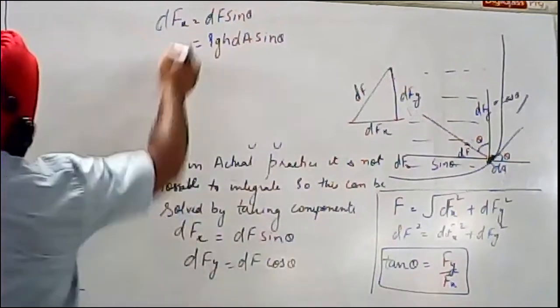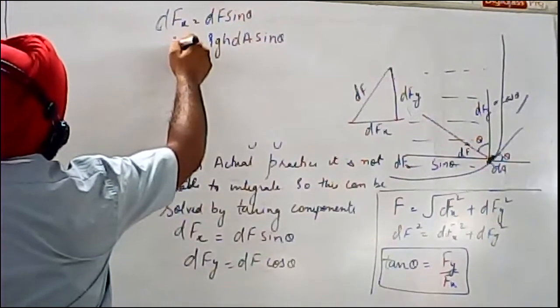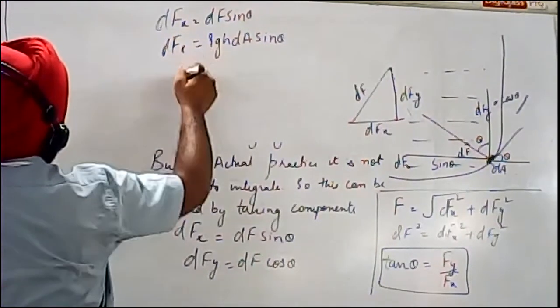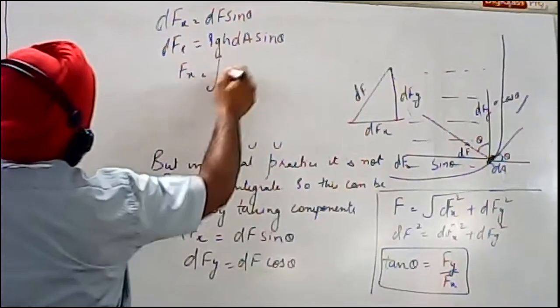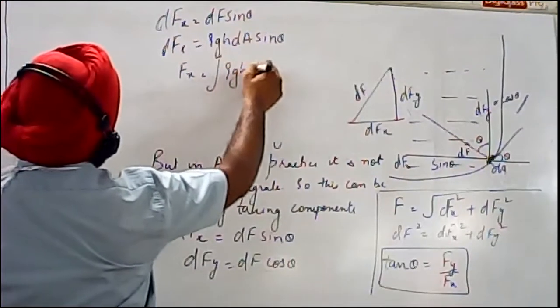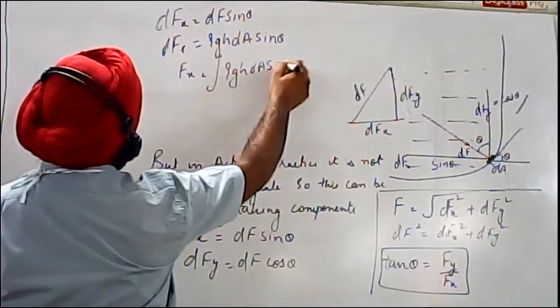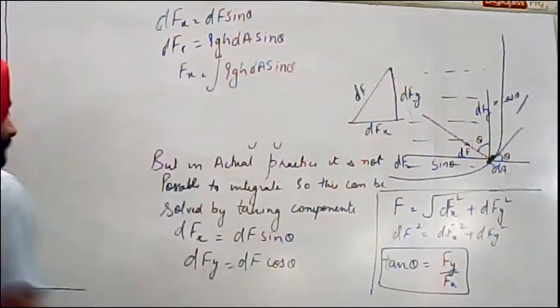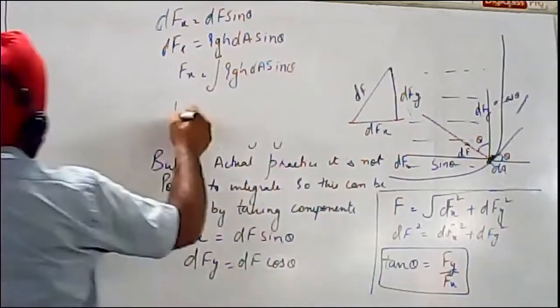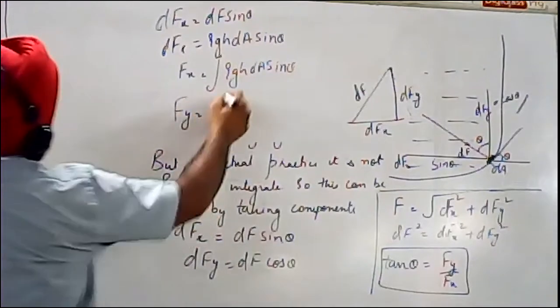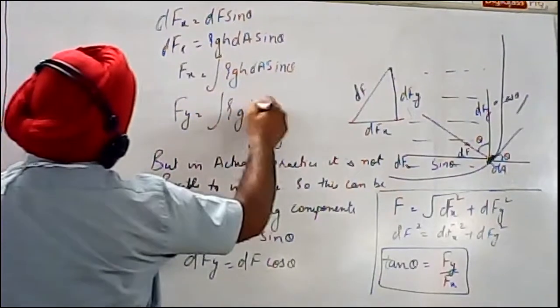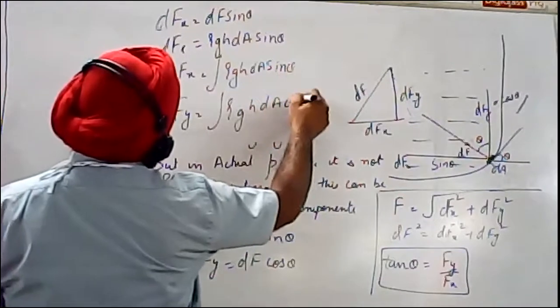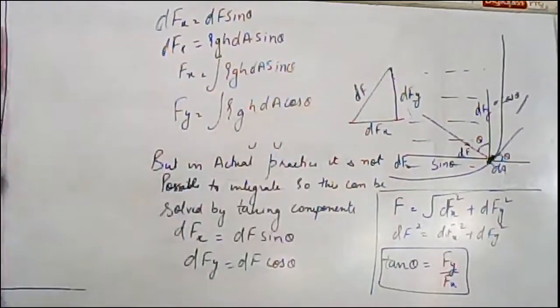If you want to calculate Fx, integrate rho gh dA sin theta. You will get the value of Fx, and similarly Fy can be calculated: rho gh dA cos theta. Integration of this will result in Fy.